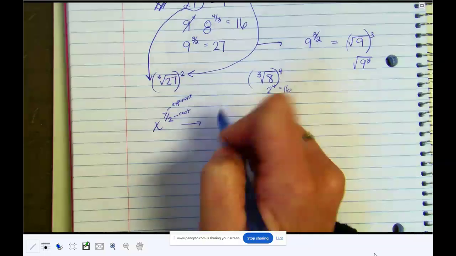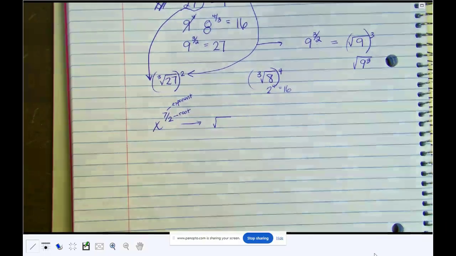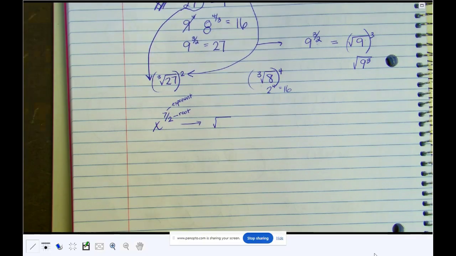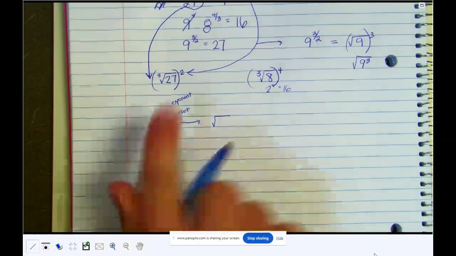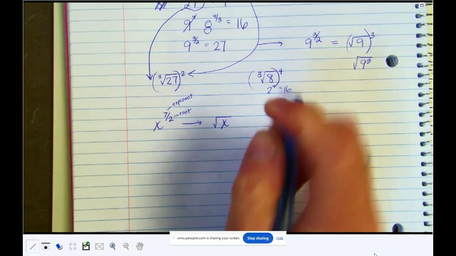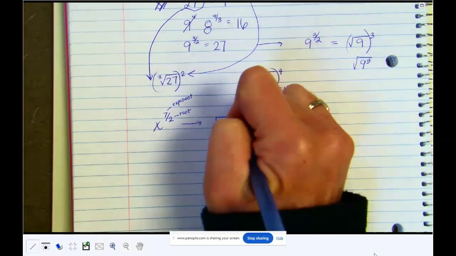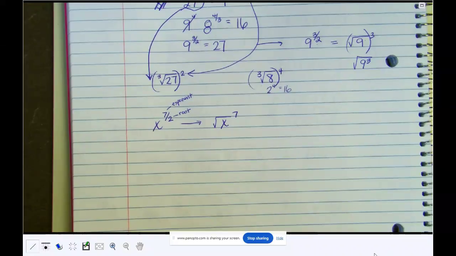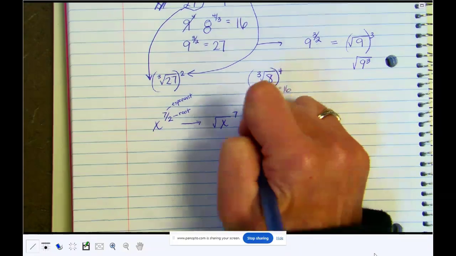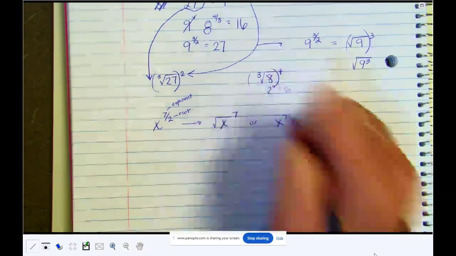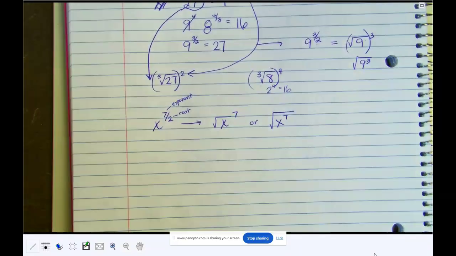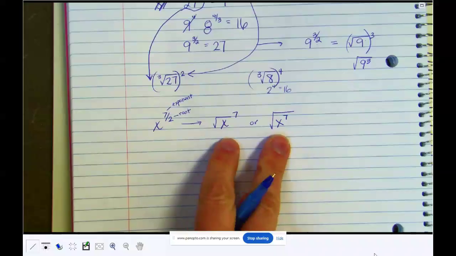So I'm going to write this guy as the square root, which does not have a number on it, square root is just a naked root, and then x, and the 7 is the exponent. Or you could write x to the 7th and put the square root on the outside. Both of these are acceptable and correct.